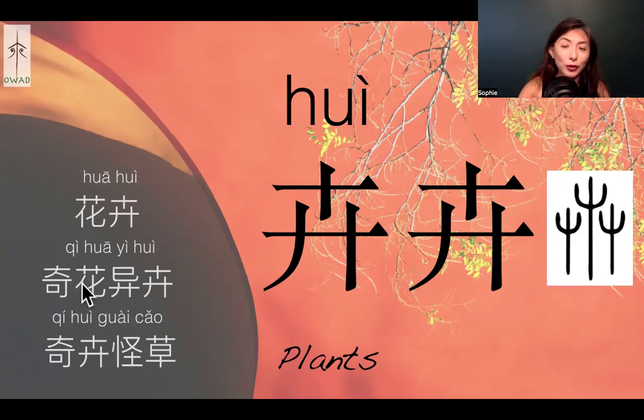So we can almost view it as 奇异花卉. But Chinese don't separate adjective too far away from the noun. They don't have two adjectives together and two nouns together. Here, they kind of pair in this way, right? So, 奇花异卉, simply say the rare kind of flowers and plants.